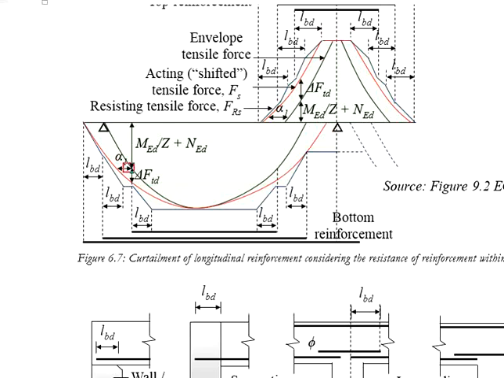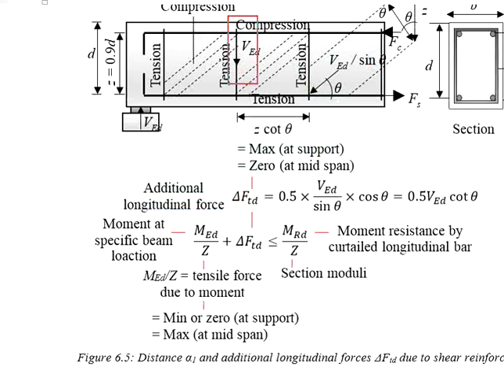Taking this point as a reference, we will see the tensile force that you need to provide due to the moment and also due to the axial loads acting onto the beam equals to MED per Z plus NED. And then there is an additional tensile force due to the shearing, which is as a result of the response in the analogical truss when we analyze the shear reinforcement in a beam.